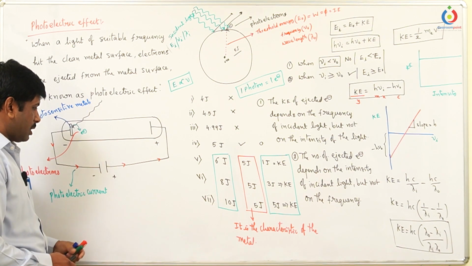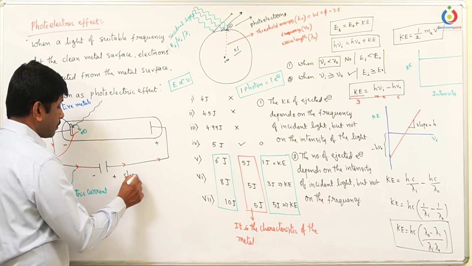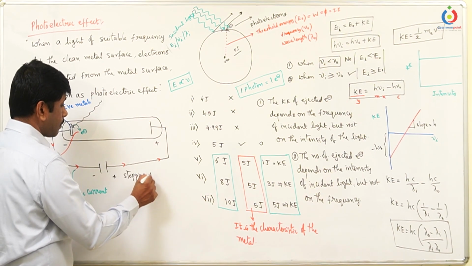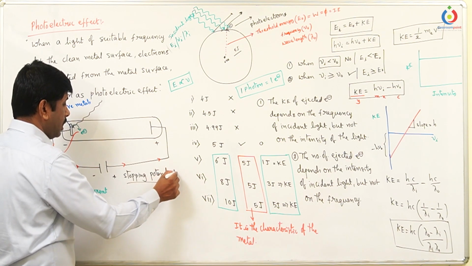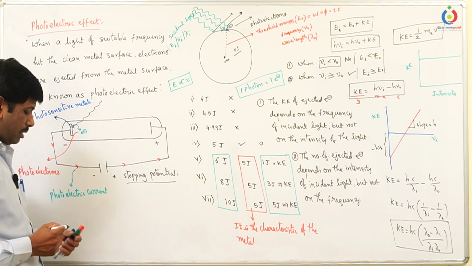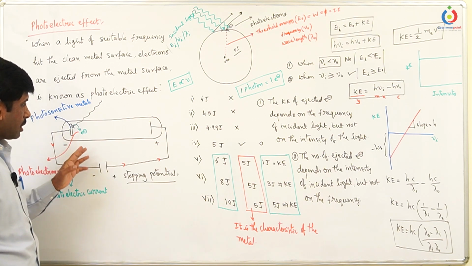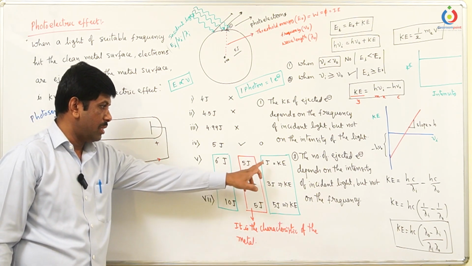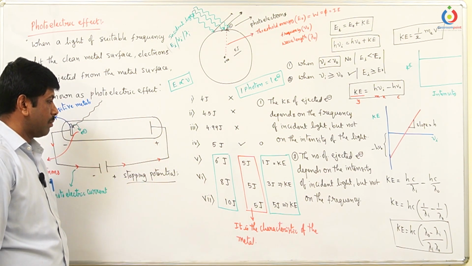Now, the stopping potential concept. What is the stopping potential? Since it is related to the same diagram, I'm discussing it here. Electron is coming. Imagine 1 joule of energy is enough for this electron to travel up to the anode.